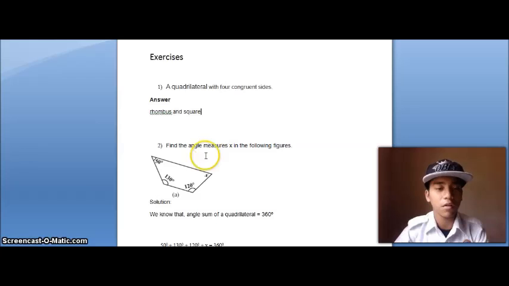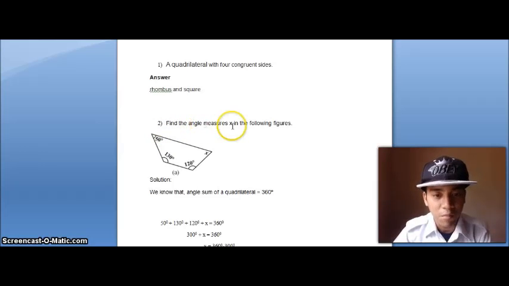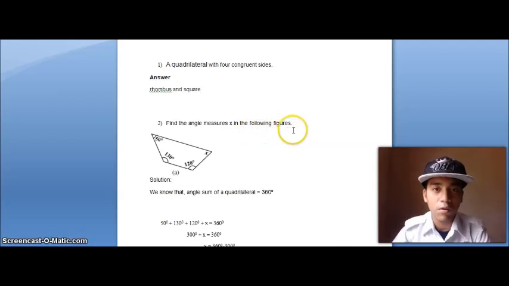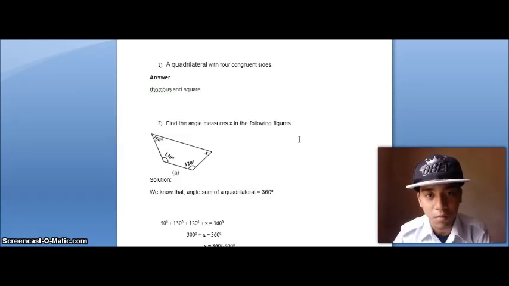The second question is to find the angle measure x in the following figures. First of all, remember that a quadrilateral has 360-degree interior angles. By remembering that, we can easily calculate the value of x.